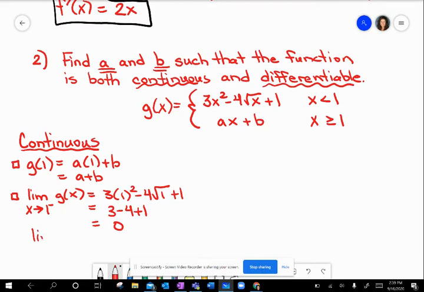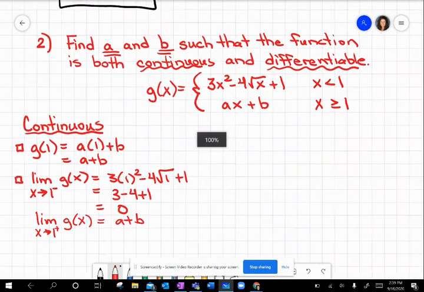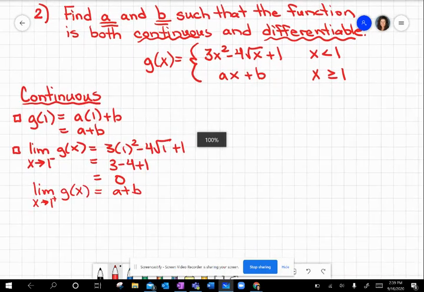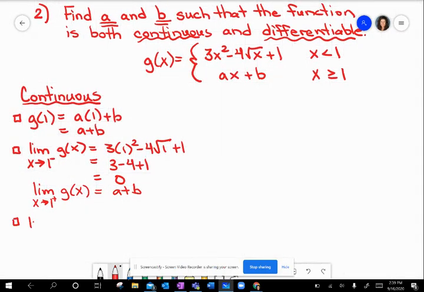Well, we'll know that the limit as x approaches 1 from the right, we've actually already figured that out when we did the first step, and that will be a plus b. And our third condition of continuity says that the limit at 1 must be equivalent to the value at 1. Actually, my bad.